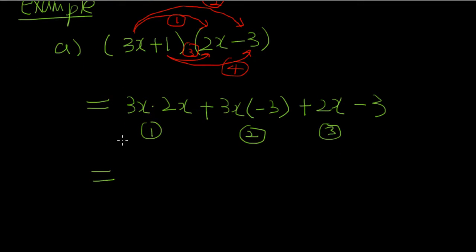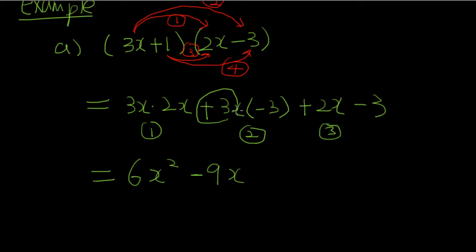Now, what would be 3x times 2x? When you multiply these two, you multiply the numbers together, which is 6. And you have x times another x, which would be x squared, of course. So 3x times negative 3 would be negative, because that's a positive 3 and this negative 3, 9x.